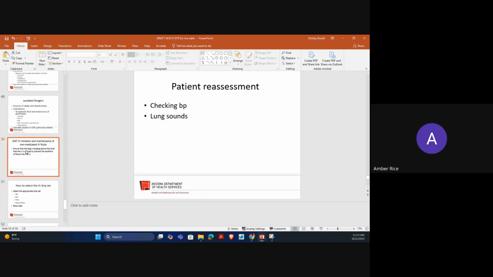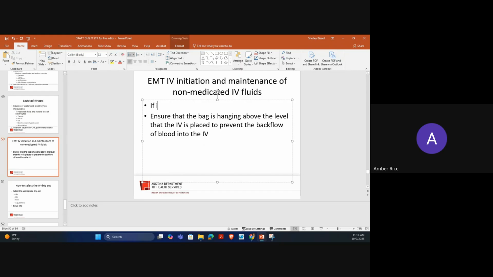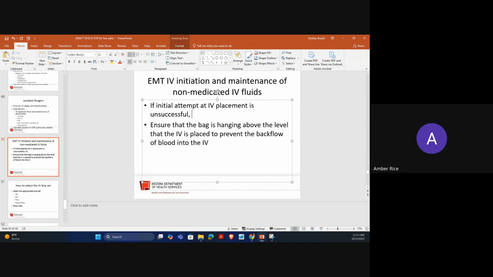Wherever that one is, where it says ensure that the bag is hanging, maybe a bullet above that that says, if initial attempt at IV placement is unsuccessful, do not delay transport for continued attempts. Right? Is that what you guys are saying?